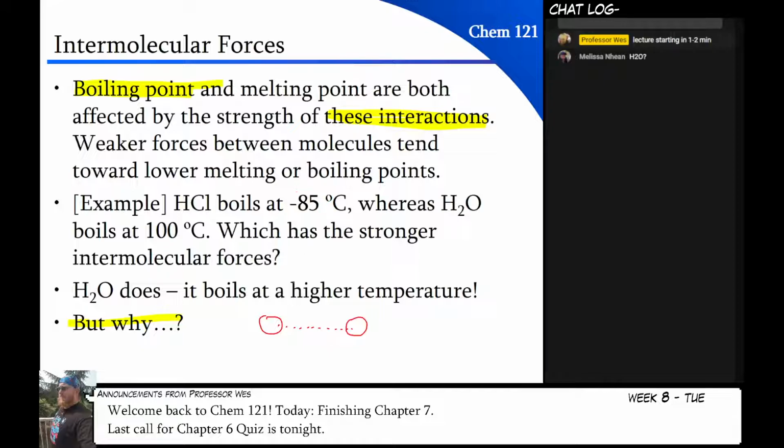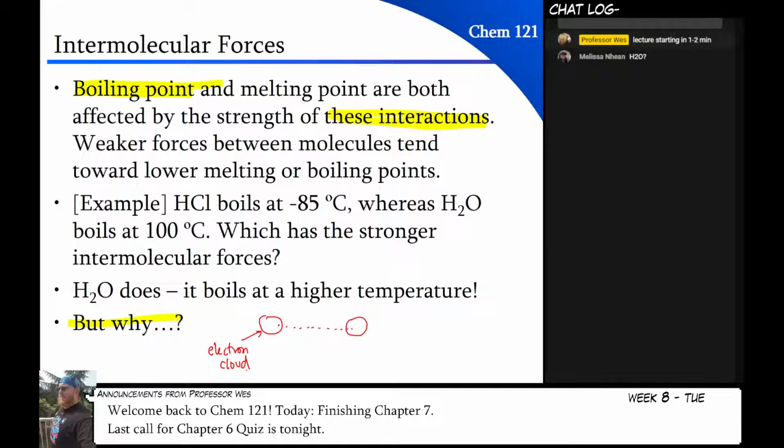And what did we say is on the outside of all matter, whether this is an atom or whether it's a molecule? The outside region is just the electron cloud, right?